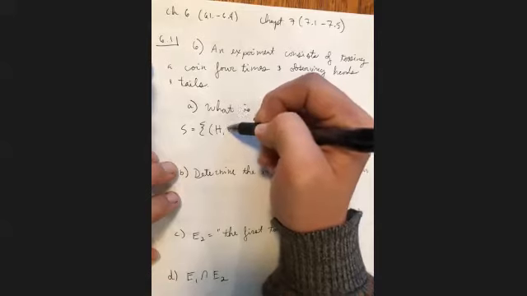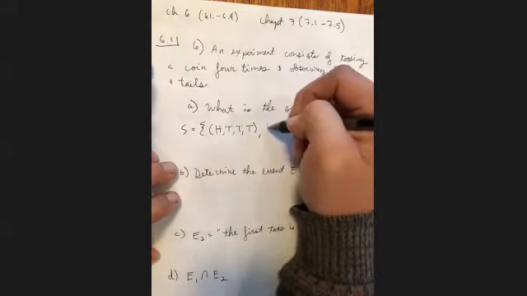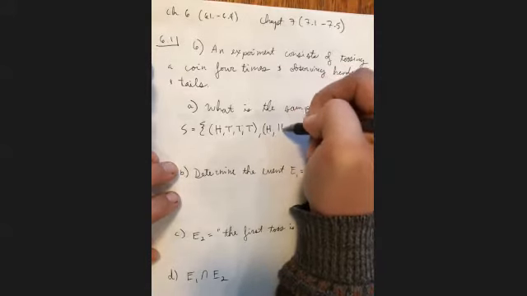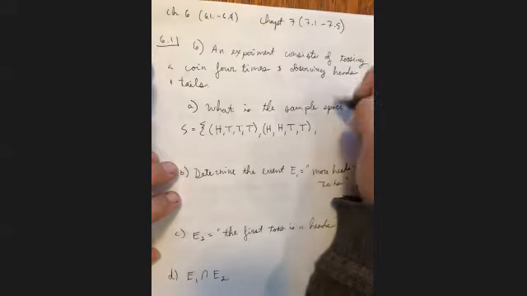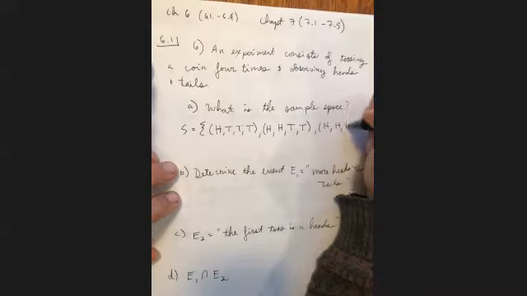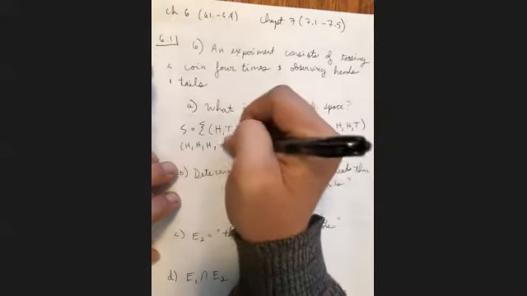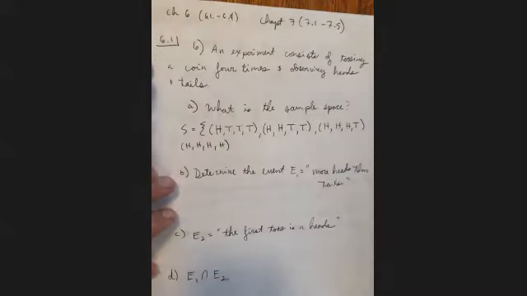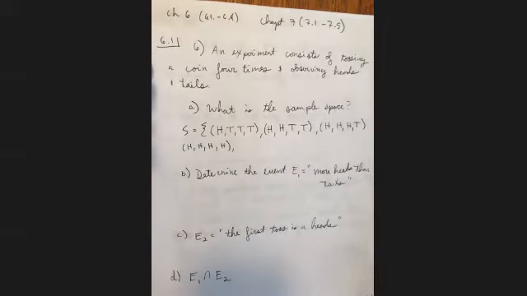We could have heads and 3 tails. We could have a heads, and then 2 tails. We could have a heads, and a tails. Or we could have a heads, and a heads. Okay. So that's 4 of the possibilities.